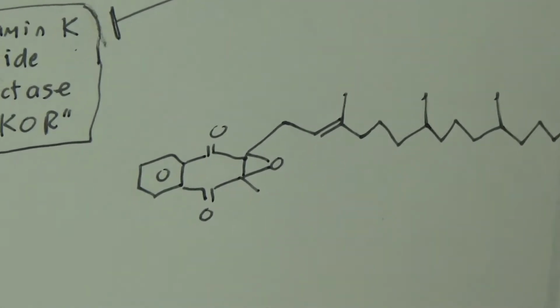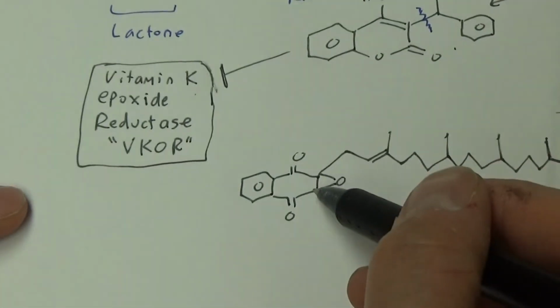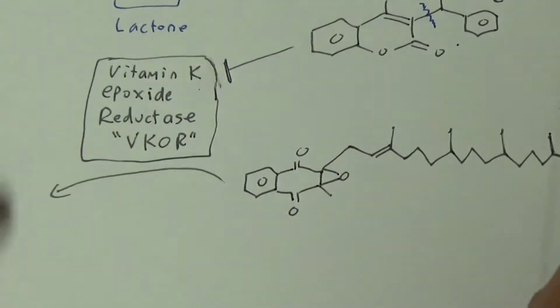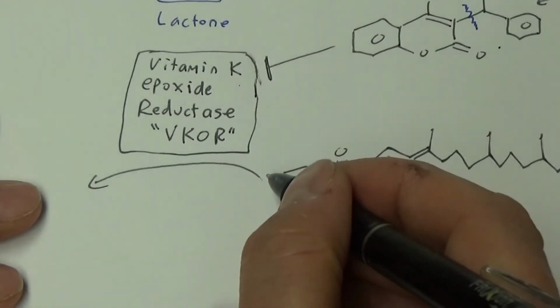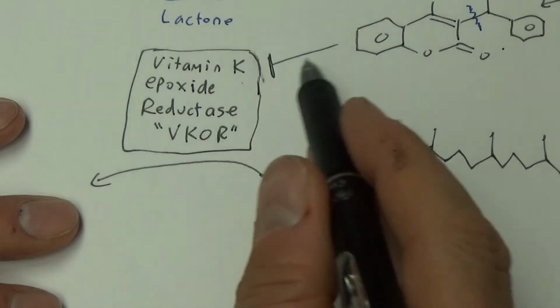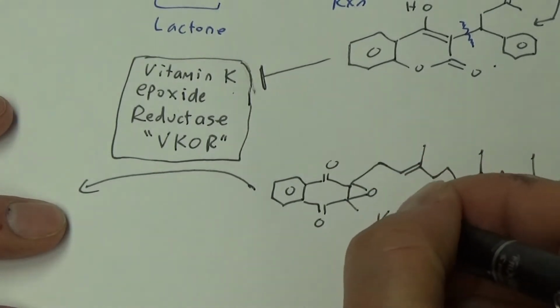Okay, and what this enzyme does is it selectively reduces the epoxide. That's what the enzyme does, and we're going to inhibit the enzyme. And this stuff's called vitamin K epoxide.